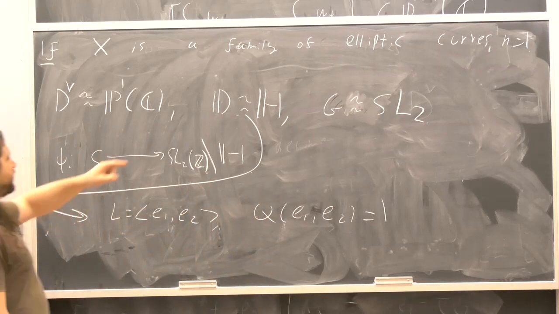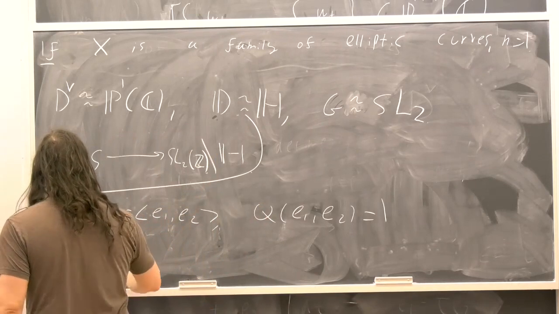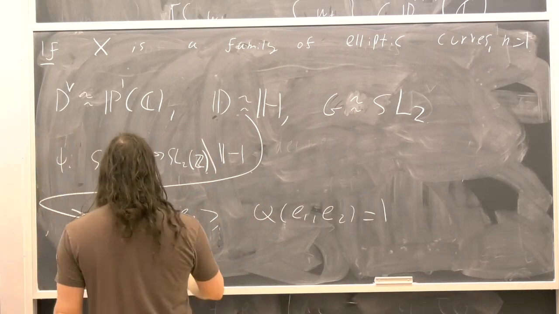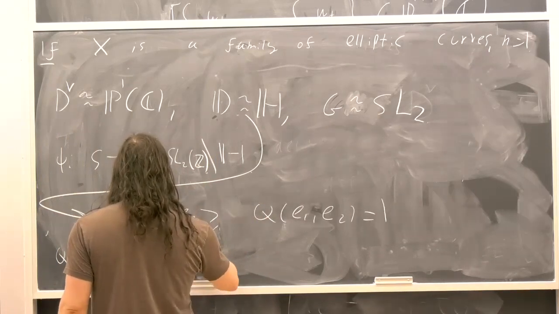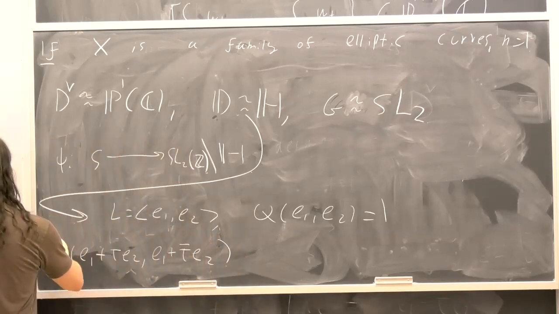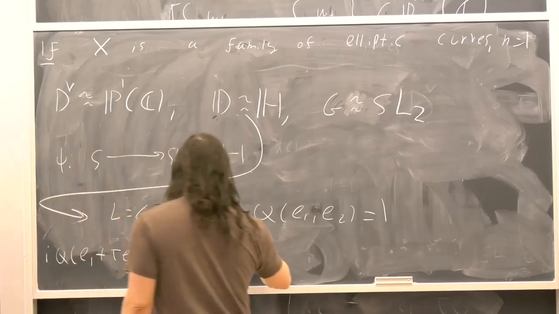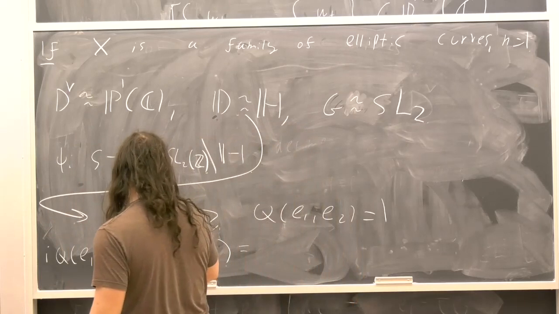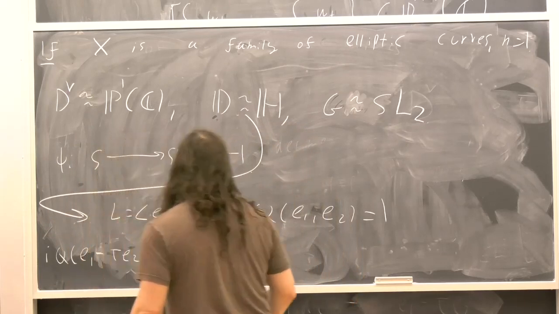The reason D is the upper half plane is if I look at Q of E1 plus tau E2 against its conjugate, E1 plus tau bar E2, multiplied by i. What do I get?